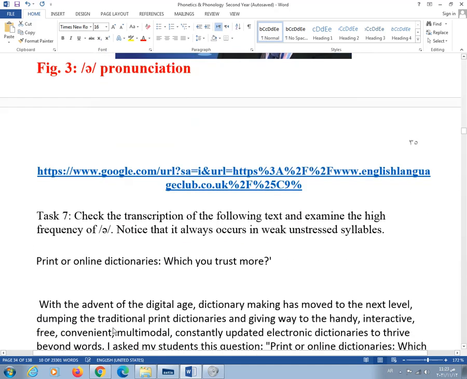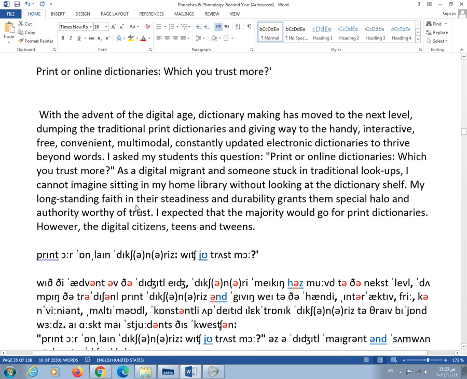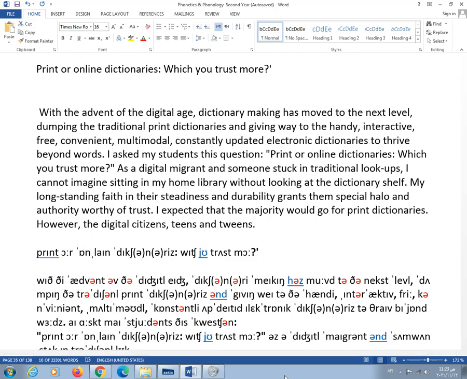Let's take some examples to show you how frequent the schwa is in English speech, because it comes in unstressed syllables, weak syllables, and in weak words. And this is a very important element in making the English rhythm, which is based on the alternation between stresses and unstresses.